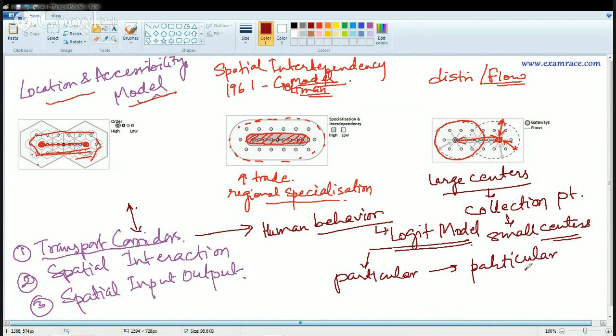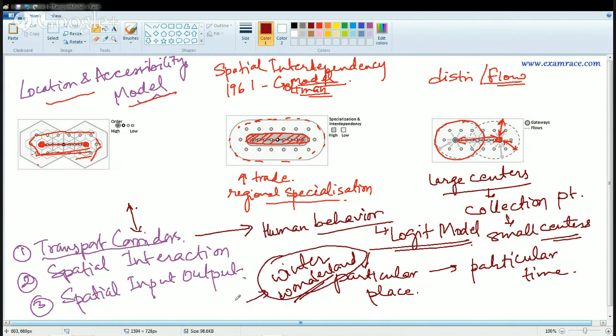For example, let's say the festival of Christmas. You have winter wonderlands or winter snow parks. So you have a particular place where people visit only during the winters when there is snowfall. That is the concept of the LILT model, which says human behavior tries to visit particular places at particular times, and this is probabilistic in nature.